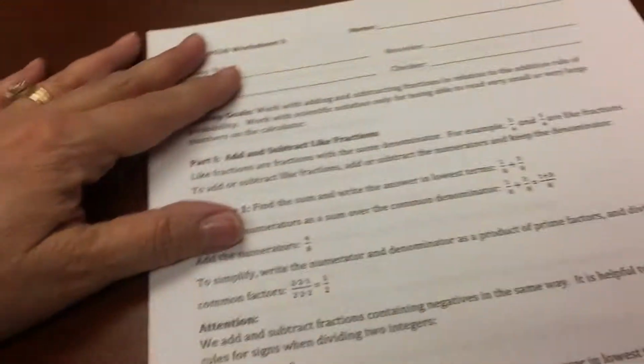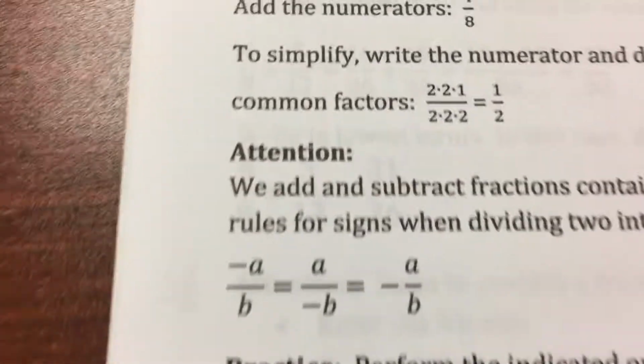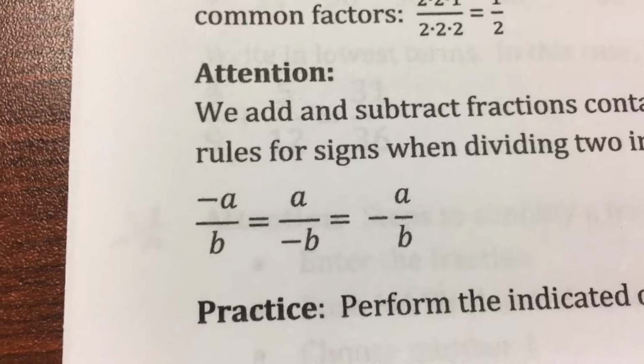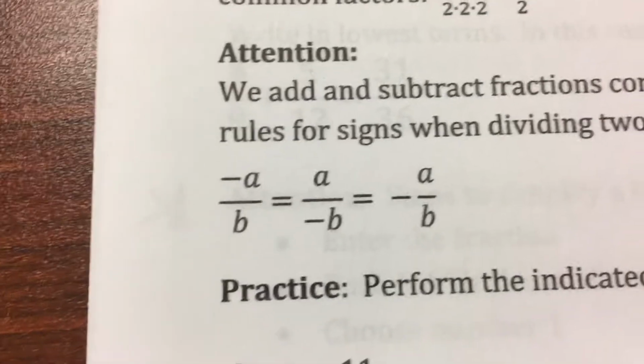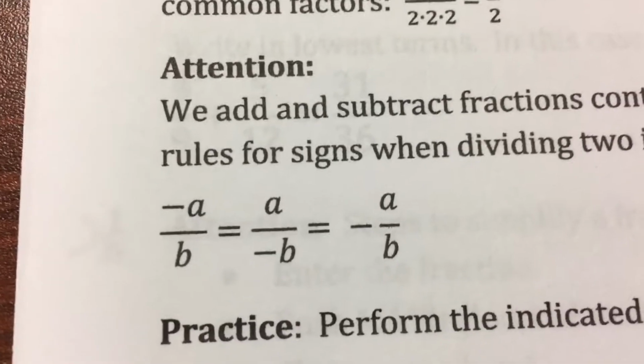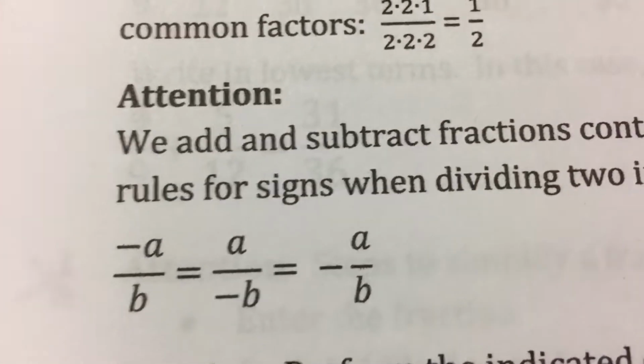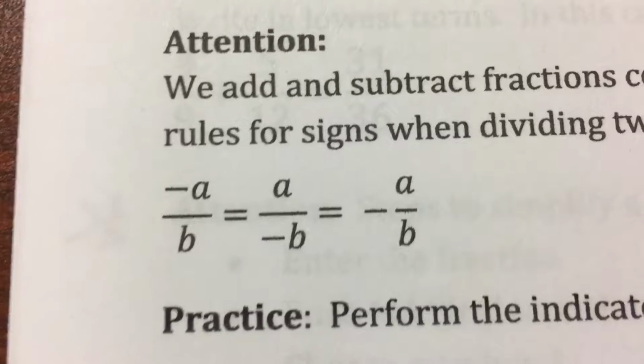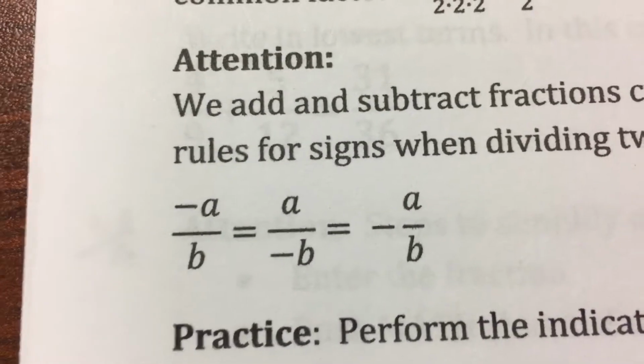So you will work this worksheet. Another thing I wanted you to see is that when you're working with fractions, you may place the negative sign in the numerator, in the denominator, or beside the fraction. All these mean exactly the same thing.